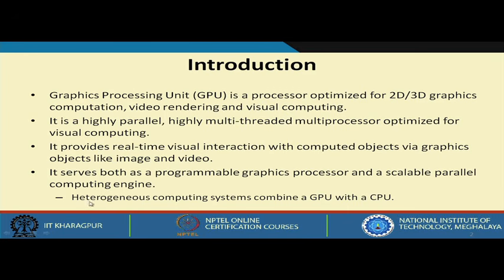Now, in general we can have a heterogeneous computing system where the parts of the computation which can be parallelized can run on GPU, while the other part can run on the conventional CPU. So, you will see such computer systems available today where CPU and GPU are residing inside the same box, where the GPU is not looking after the graphics, but it acts as a parallel co-processor to the main CPU. Okay? Fine.